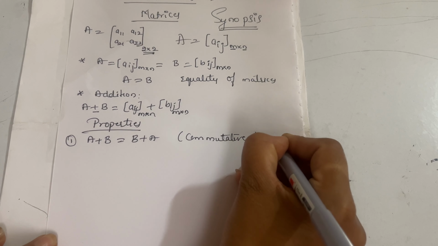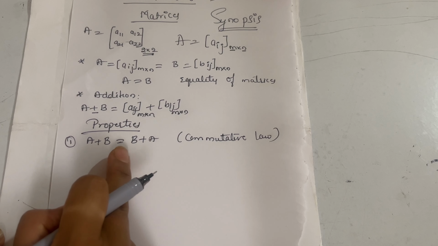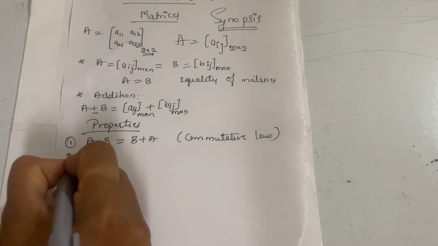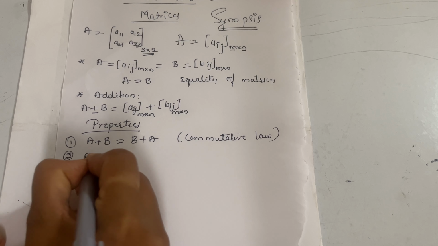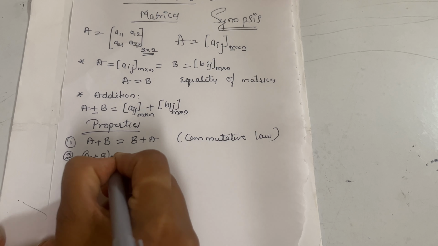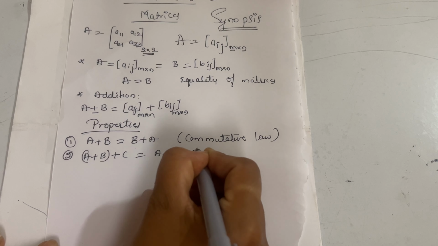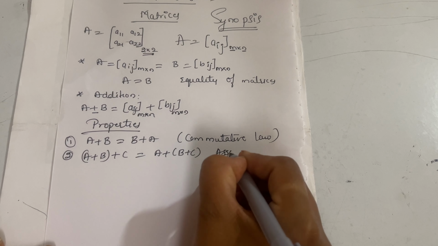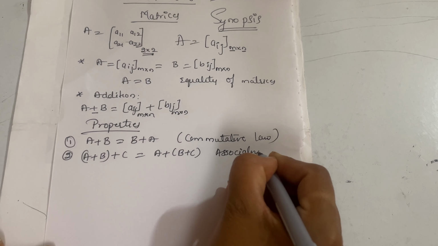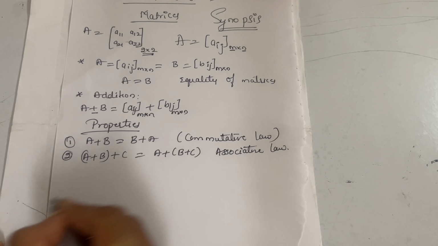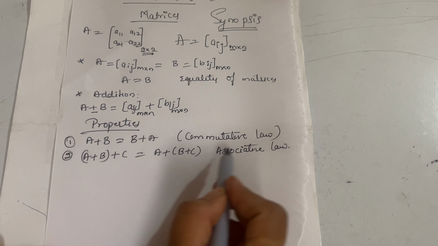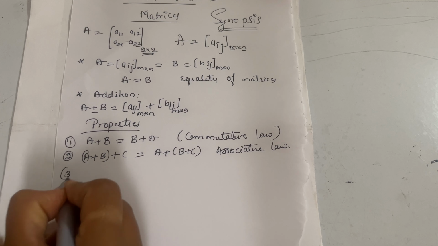So the commutative law holds good in the case of matrix addition. Then the next is (A plus B) plus C is equal to A plus (B plus C), which is nothing but the associative law. Matrix addition holds good the associative law.